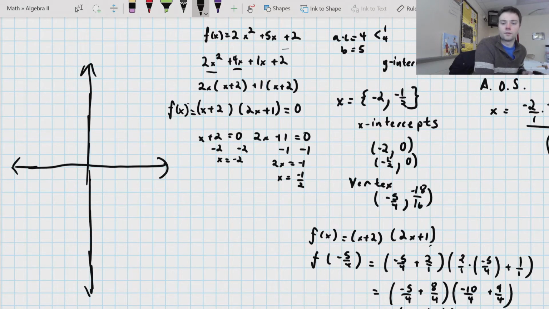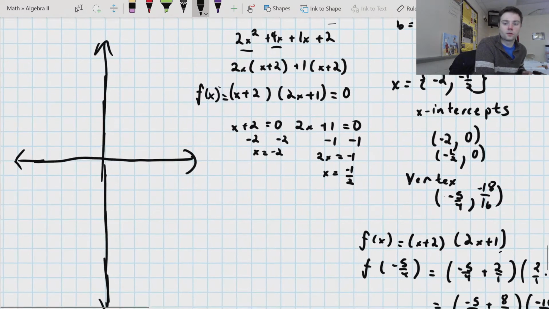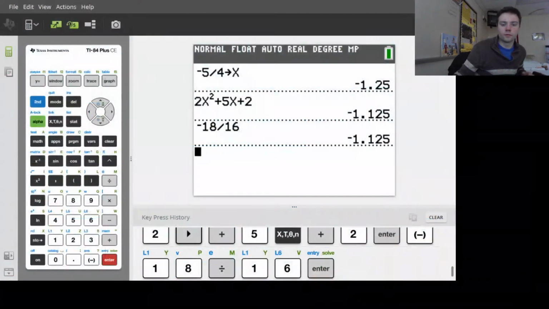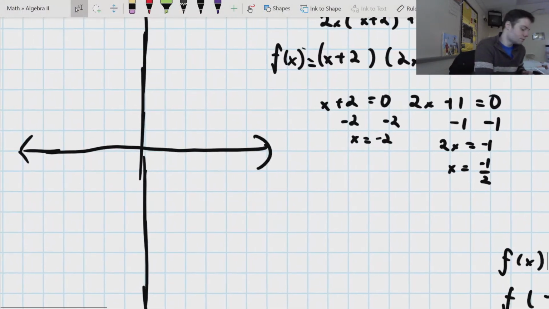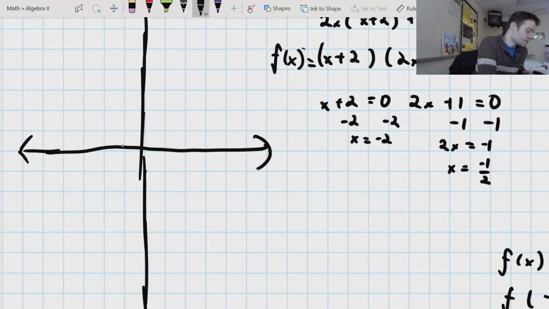Okay, so negative 5 over 4, and then negative what? 1.25. So just a little bit over negative 1, and just a little bit over negative 1 in the y direction. So like right there.